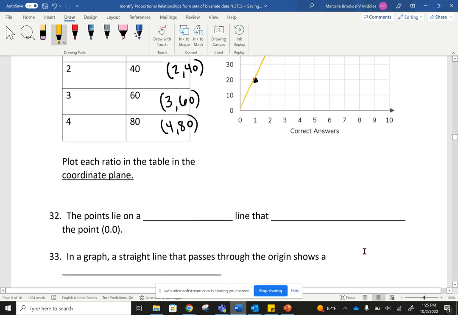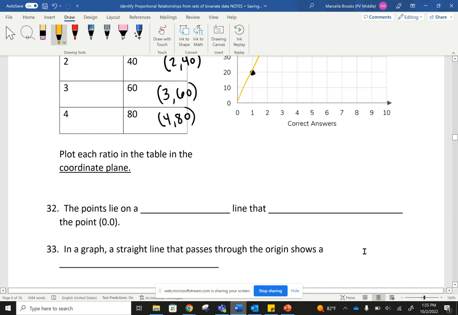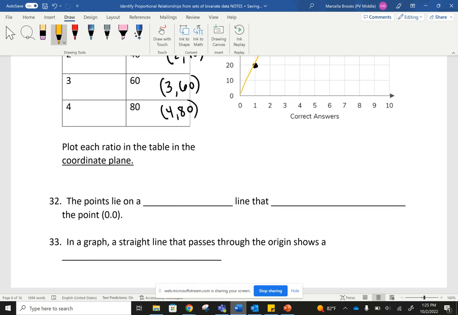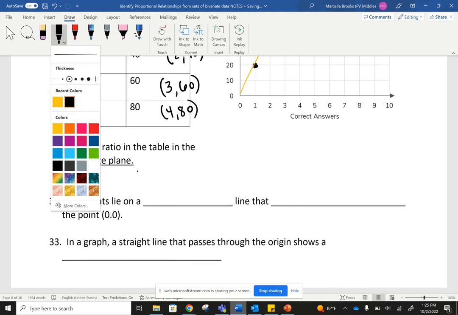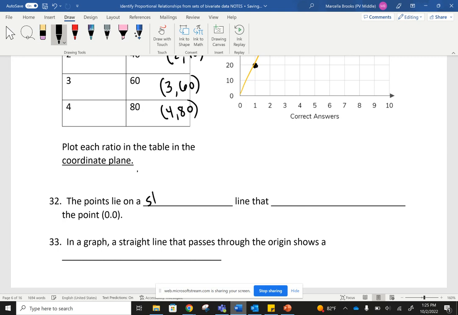Okay, so the points lie on a straight line. So this is number 32. The points lie on a straight line that passes through the point 0, 0, which is also known as the origin.